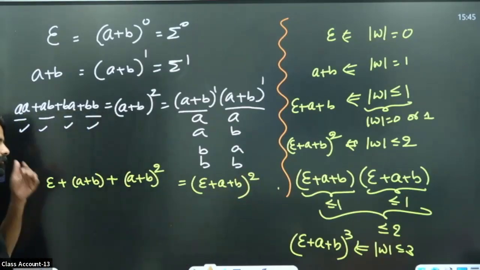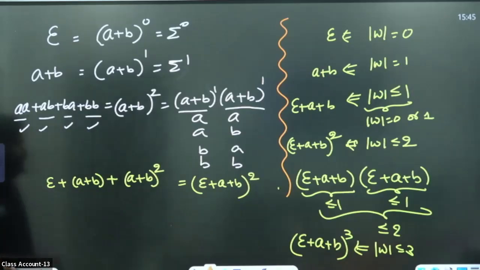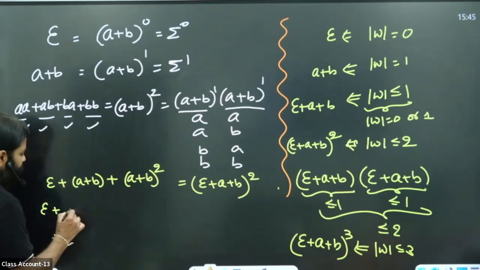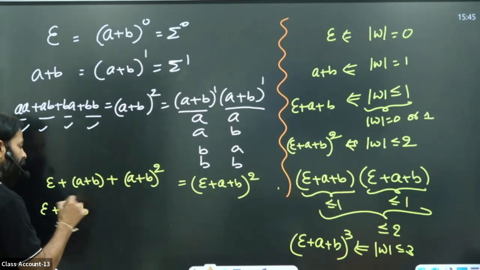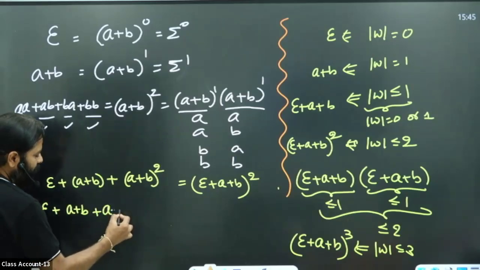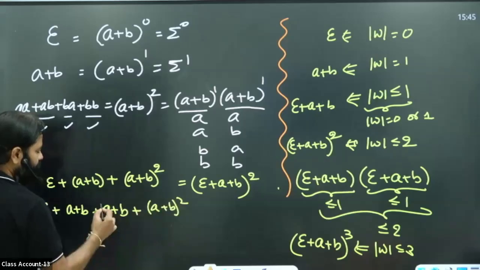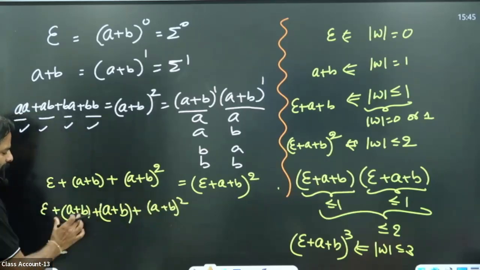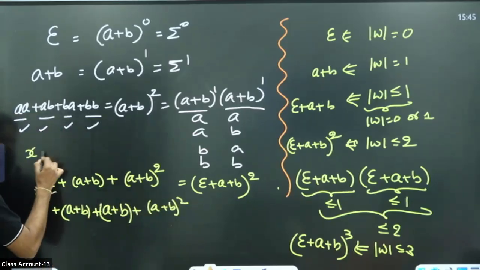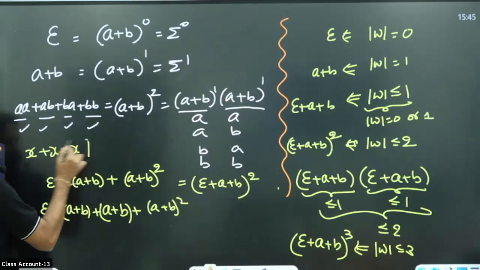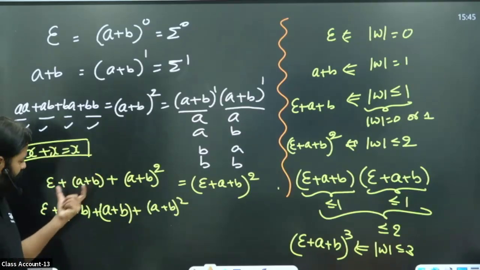Now, for this epsilon, which one I will write first? This a plus b, I'll write twice. Can I do that? Any issue? Because a plus b is a plus b, x plus x is equal to x only. So I can write this twice.